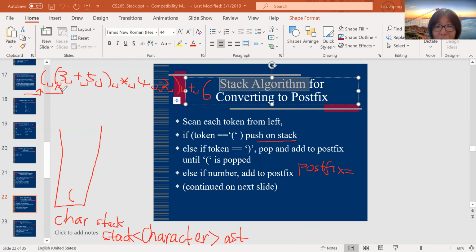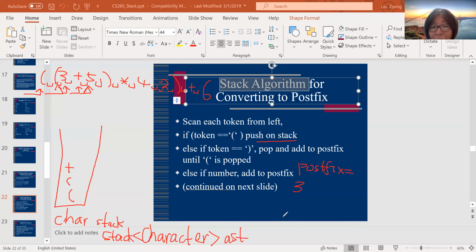The next one is also a left parenthesis, so push it to the stack.